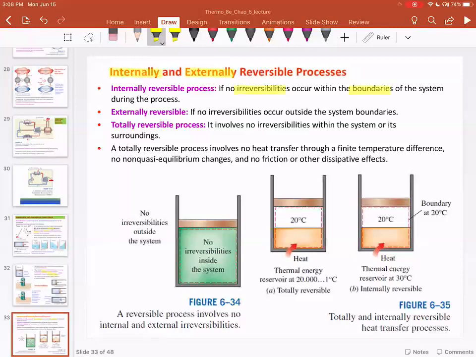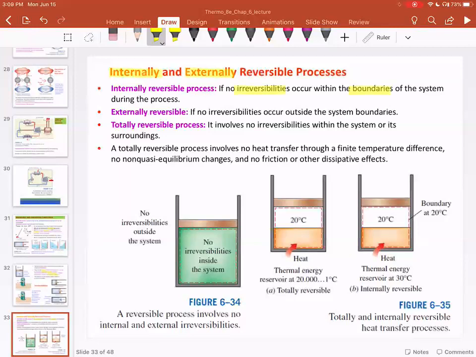So this is an important definition. If the system is internally reversible, the irreversibilities, for example friction, heat transfer, chemical reactions, all take place outside the system boundary.